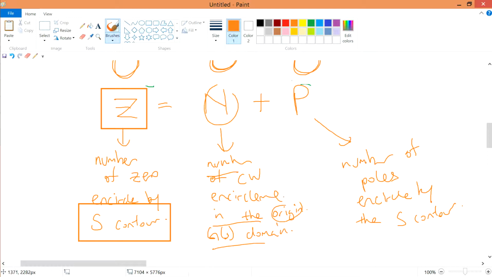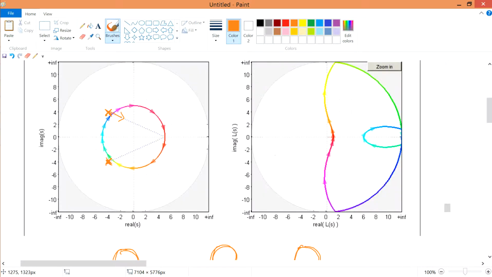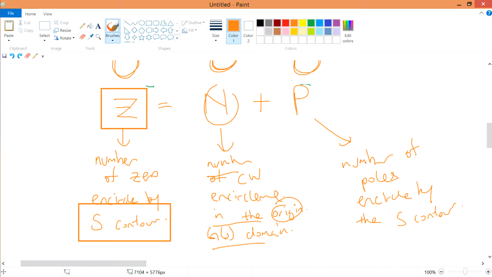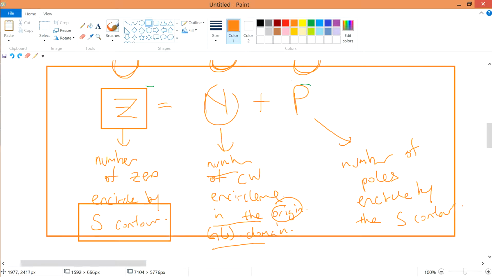The origin is the keyword, right? So therefore, you see, it didn't encircle the origin. It just goes on its own, encircling other empty stuff. It's nothing much. So we are safe in this case, right? And this is the understanding for the application of this equation right here, right now.